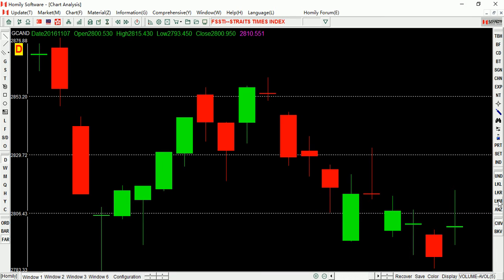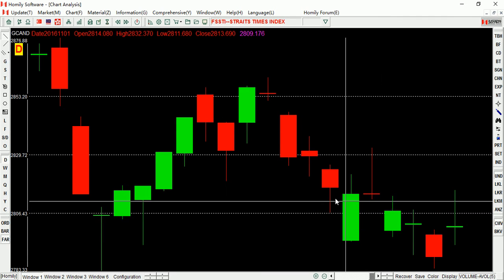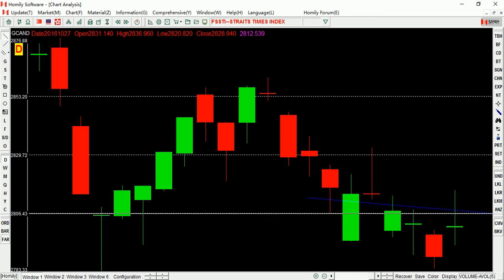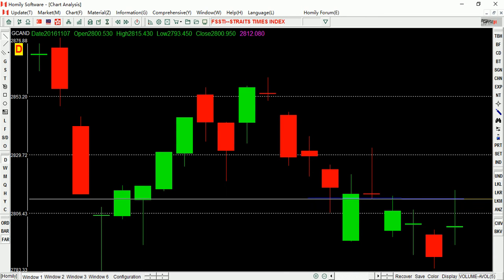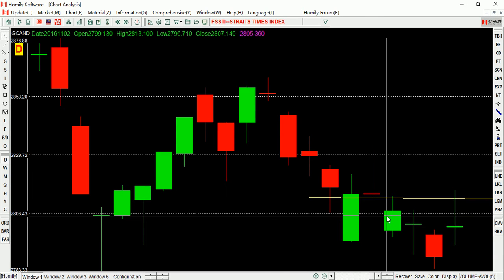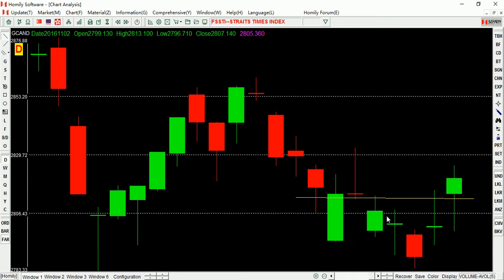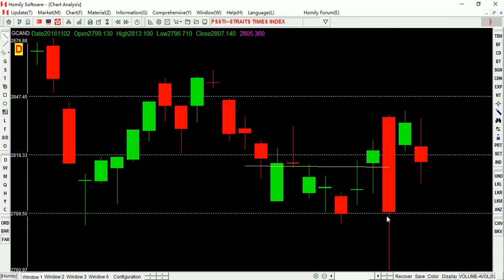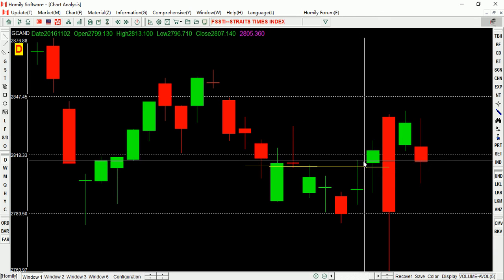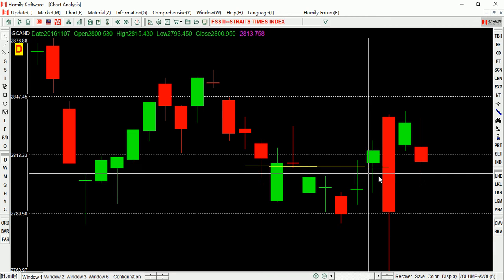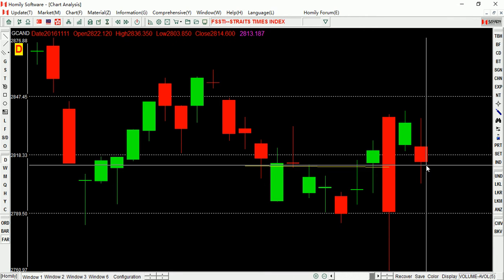If you see here, this is the 1, 2, 3, right? So you can draw the line by the third candlestick. Okay, you can see here, this is the support, right? If the price can be supported here, this is the buy point, okay?